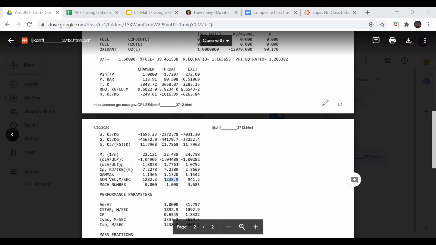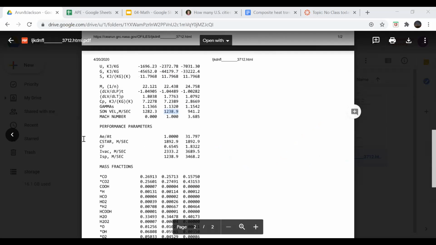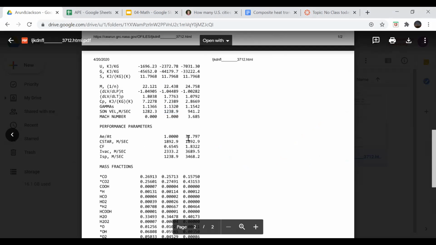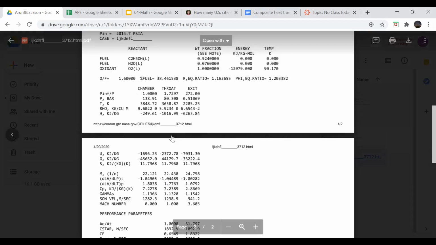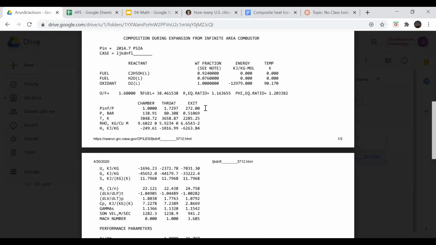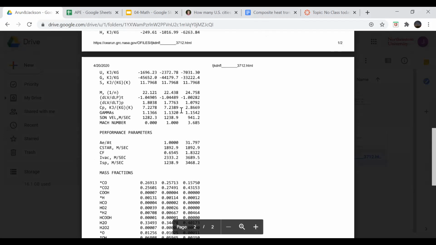And CEA has made it very easy for us to calculate the exit area because it gives us that ratio. So this is exit area divided by throat area. This is very much dependent on the pressure ratio that we set at the beginning and put into CEA.